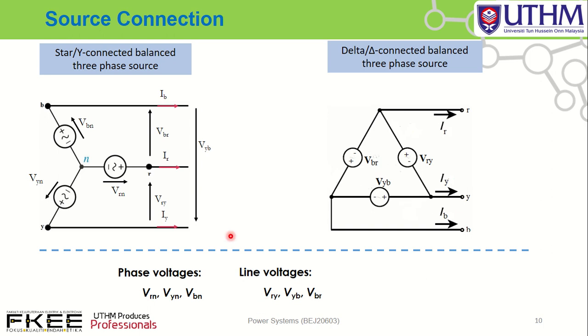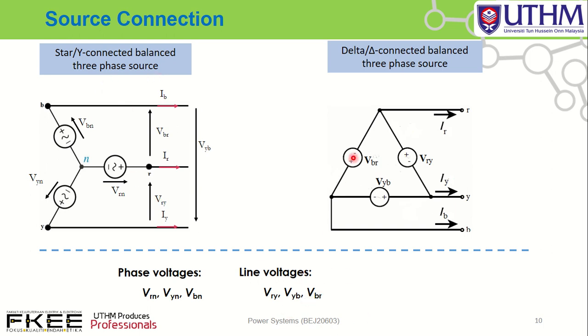Let's say we have a Y connected system, with a terminal R and a terminal Y. This we call the line voltage: the voltage between two lines, between line R and Y. Similarly VYB, the potential difference between line Y and line B, and similarly VBR.